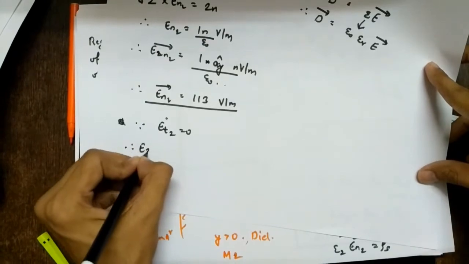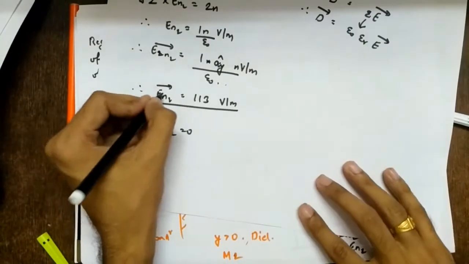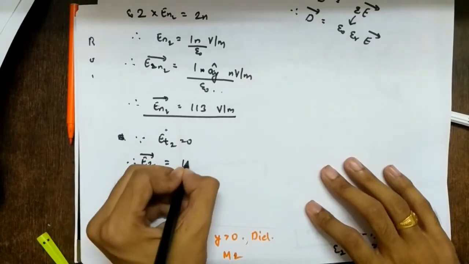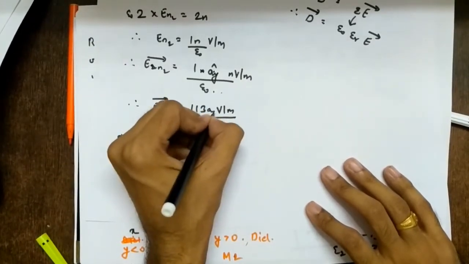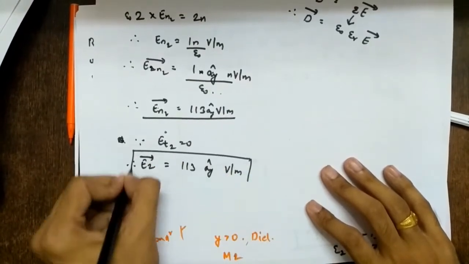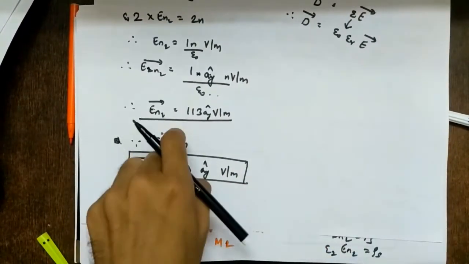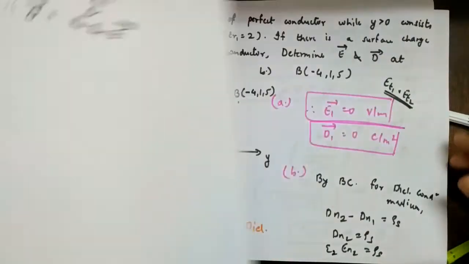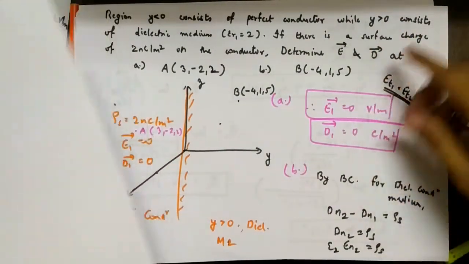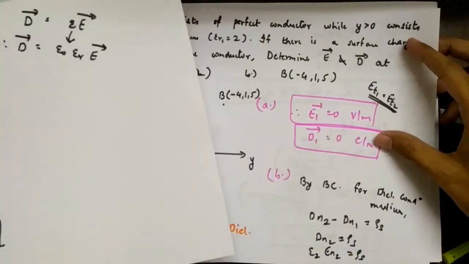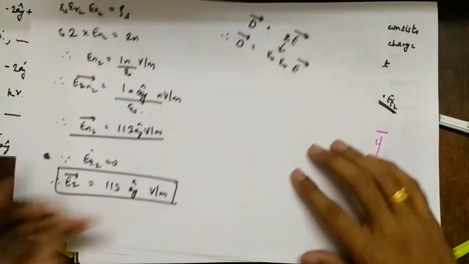So therefore e2 vector will be what? Again it is et2 vector plus en2 vector, so e2 vector is 113 ay cap volts per meter. So this is my E2 vector, and what is remaining? E vector and D vector, right? D vector we have not found out.